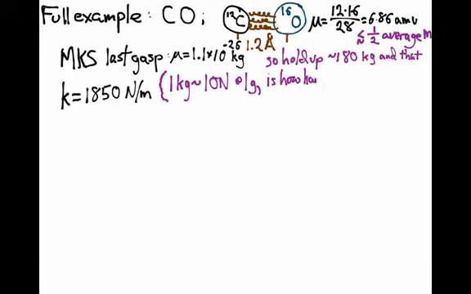So if you held up a 180 kilogram weight, that's how hard a single carbon monoxide bond would pull back at you if you somehow managed to stretch that bond by 1 meter. It would be like holding up a 180 kilogram person, which is pretty hard to do.